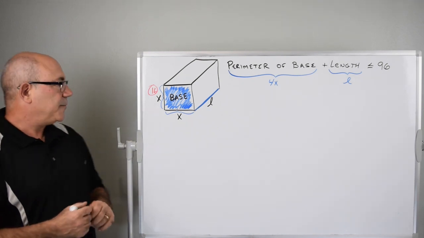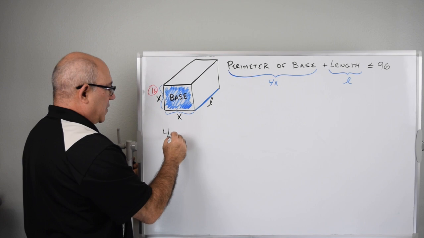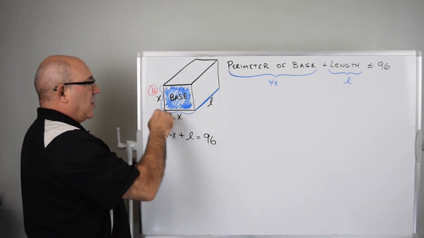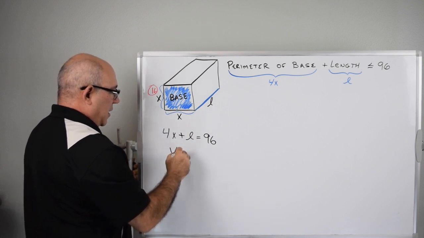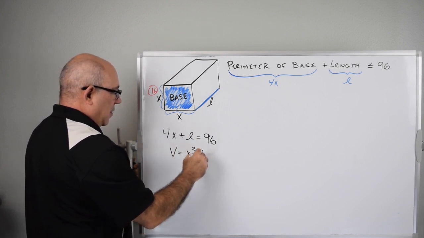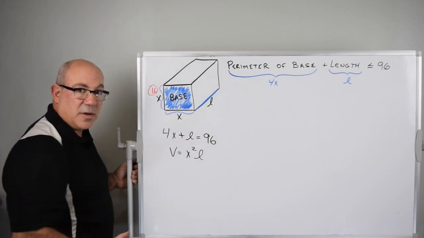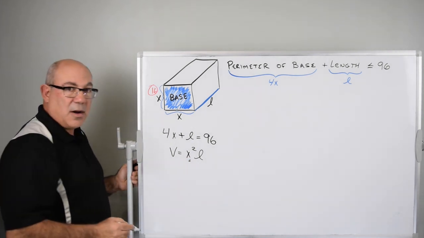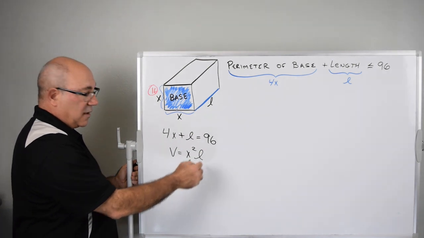So let's get started with the first formula, 4x plus L equals 96. If we want to find the volume of the box, the volume equals x squared times L, the area of the base times the length. Those are our two formulas. Since we have a squared term here, let's solve this one for L and plug that into this equation.